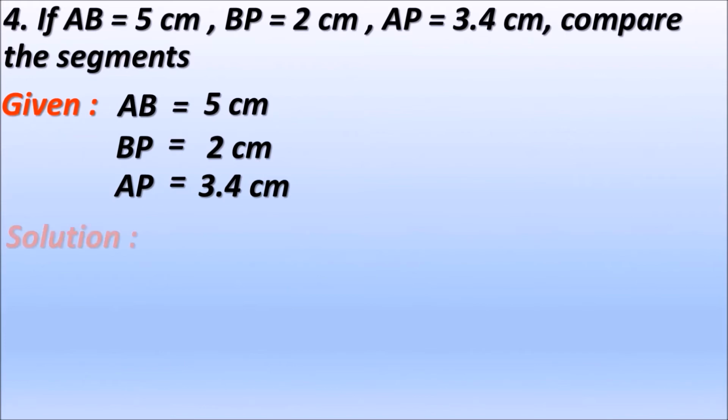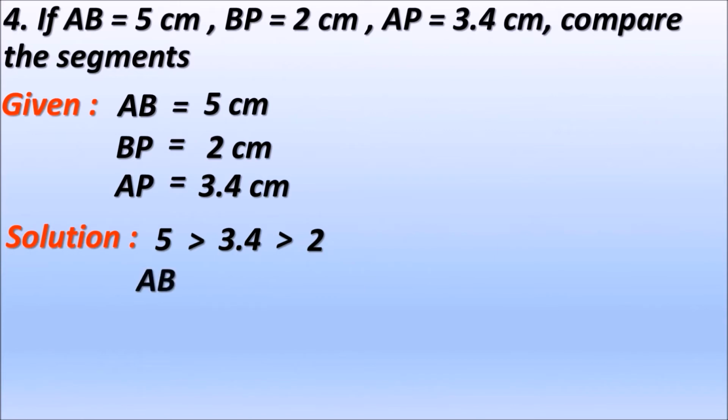Now we'll arrange those lengths in descending order. So 5 is greater than 3.4 and 3.4 is greater than 2. Here 5 is the length of AB, 3.4 is the length of AP, and 2 is the length of BP.